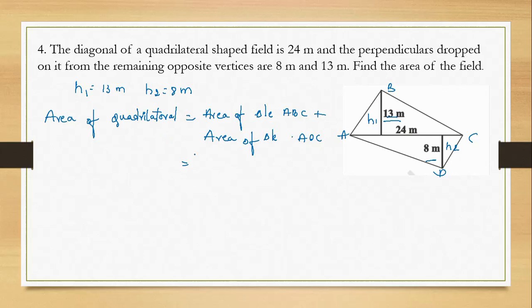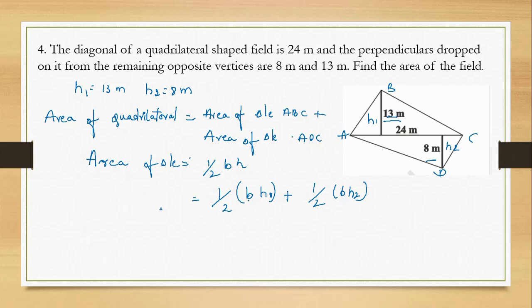by this formula. That is, we know the area of the triangle formula, that is half into base into height. Here they given the two triangles, so here half into base into height h1 plus another triangle ADC, that is half into base into height h2.